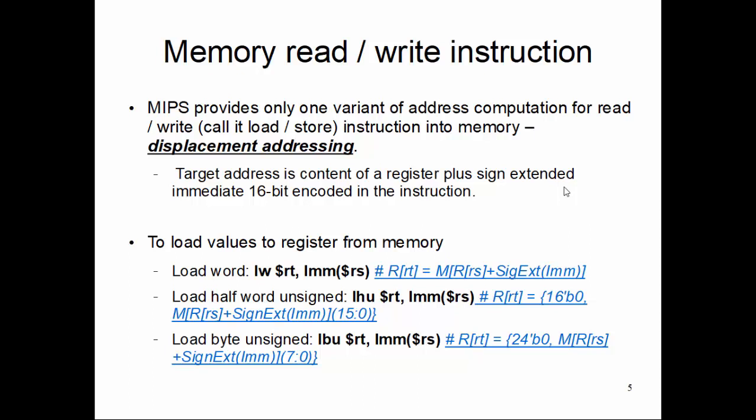So we'll restrict ourselves to reading and writing in the static and dynamic data. For the dynamic data area, we will be interested in accessing it as a stack. MIPS provides only one variant of address computation for read and write. For each read or write, you need to tell the whole system which address you want to read from or write to.